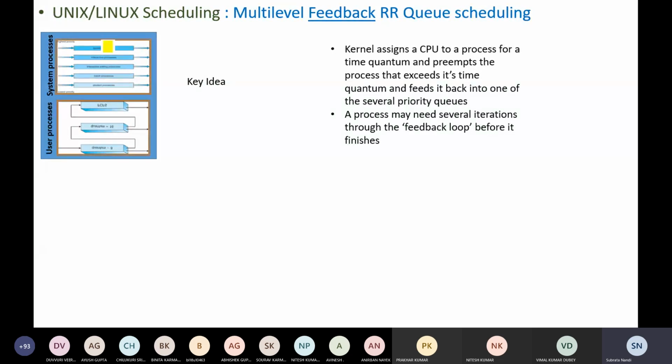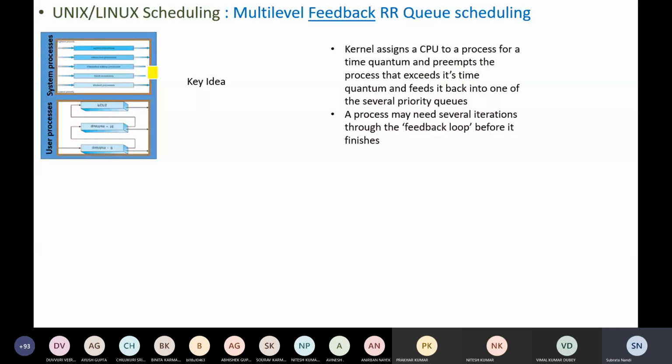So the system processes will follow a simple multi-level RRQ, but the user processes will still be implemented using the multi-level feedback RRQ scheduling, like this. So what we mean to say is the kernel assigns a CPU to a process for a time quantum.